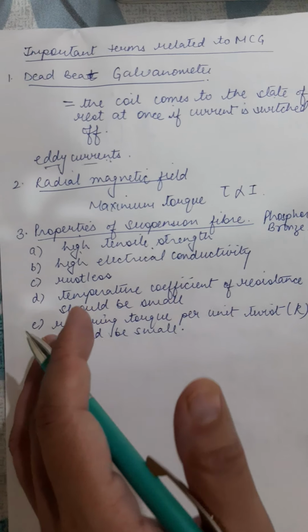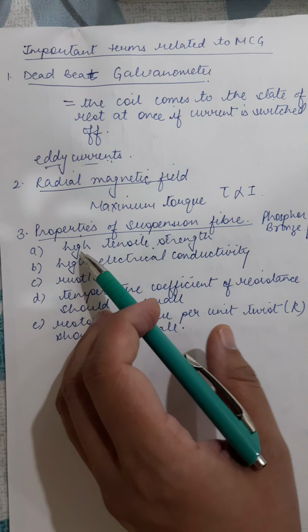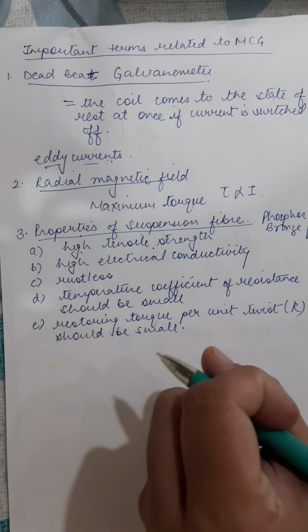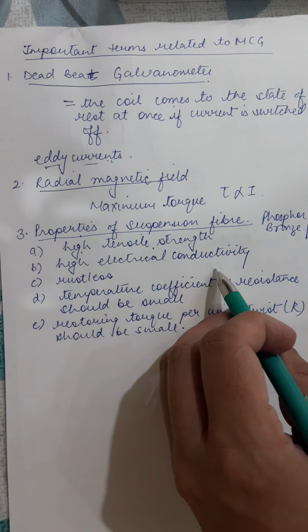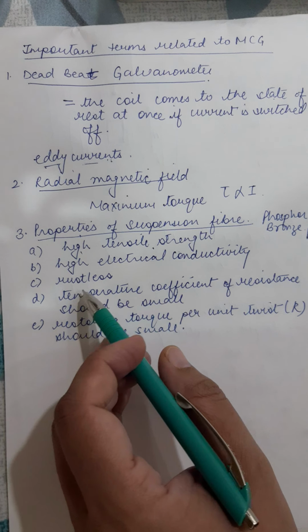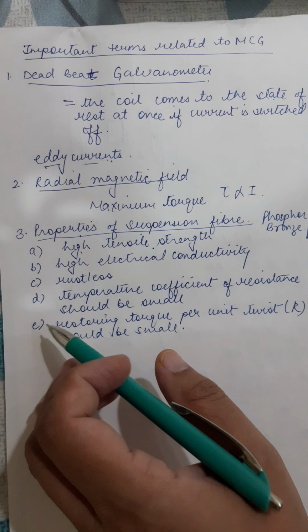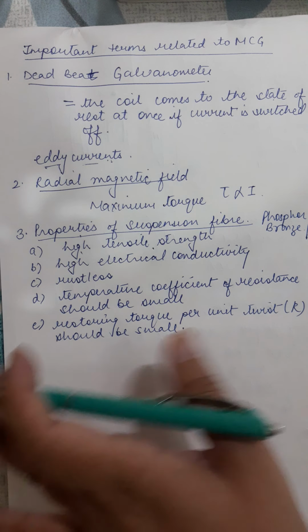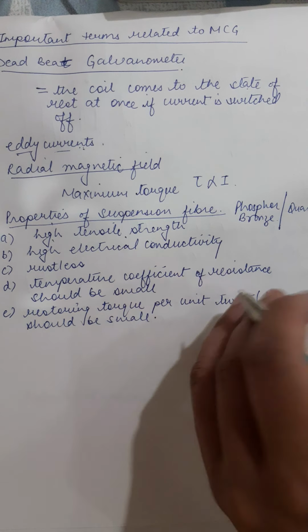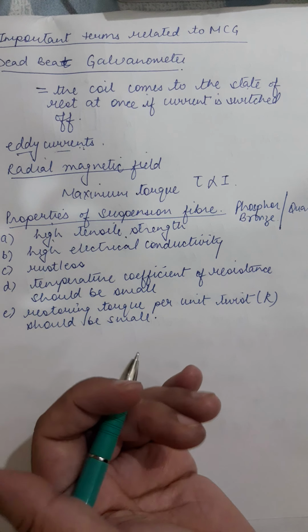That material should have the property of high tensile strength, so that means it should be of good strength. Next is high electrical conductivity, they should have good conductivity, they should be rustless with time, and its temperature coefficient of resistance should also be very small, so that it does not get affected with temperature much.